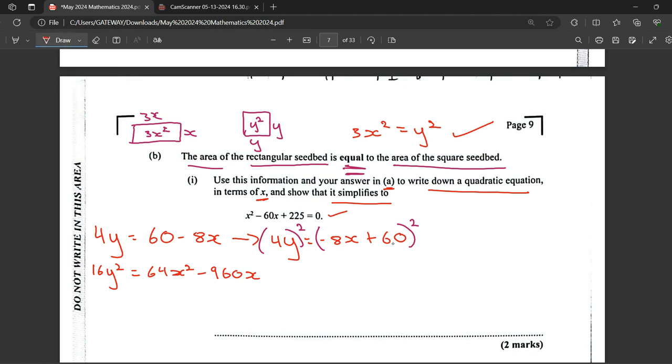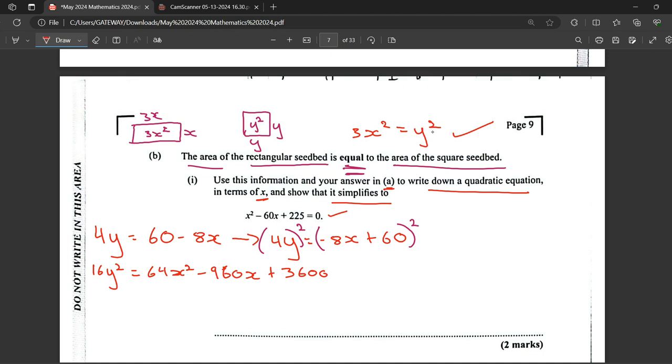And then 60 raised to the power 2, use a calculator, you will get plus 3,600.